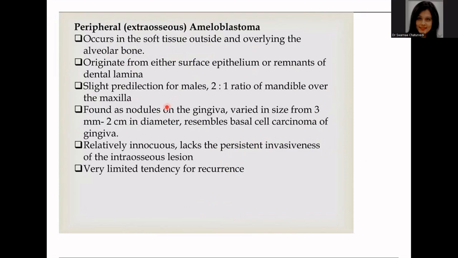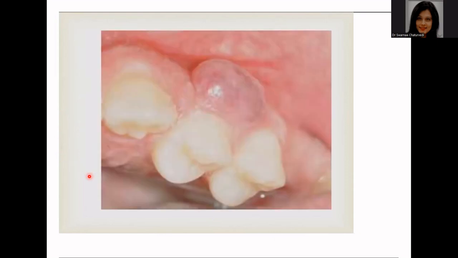It is found as nodules on the gingiva, varying in size from 3 mm to 2 centimeters in diameter. It resembles basal cell carcinoma of the gingiva, lacks persistent invasiveness, and is very limited in its tendency to recur. You can see the peripheral ameloblastoma.